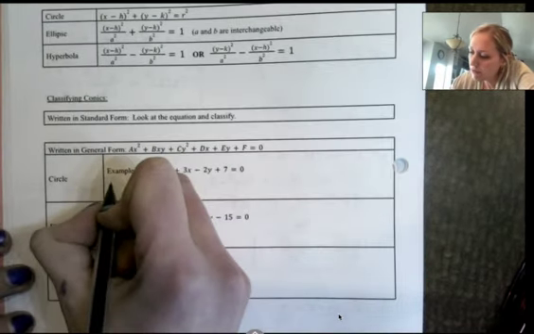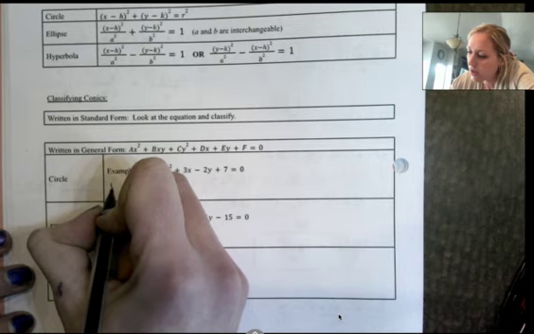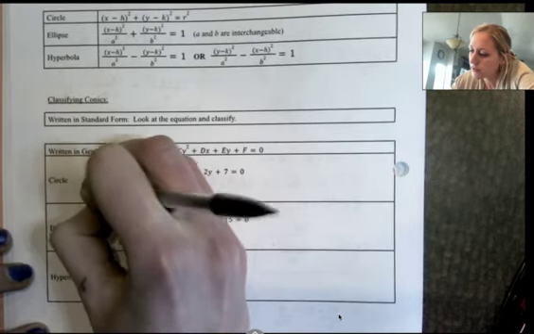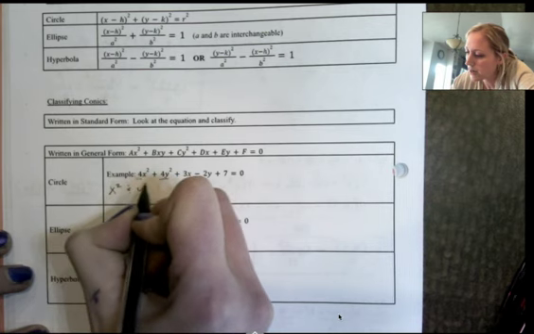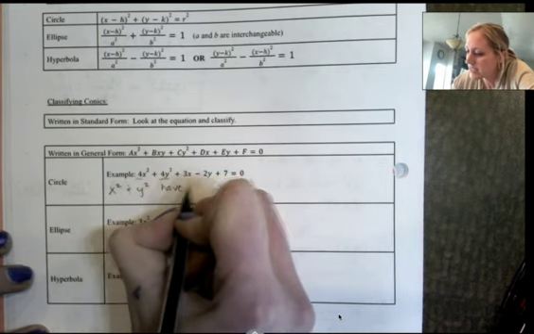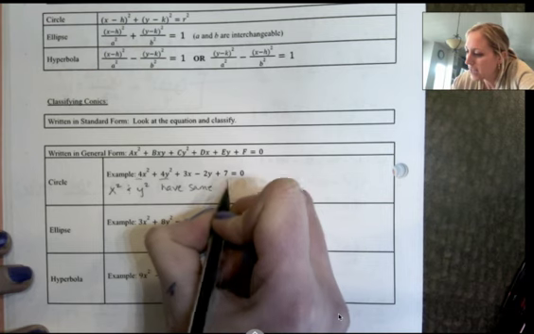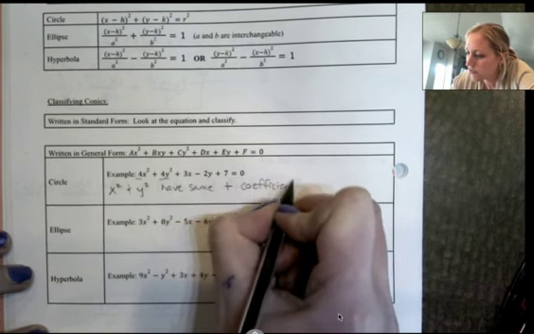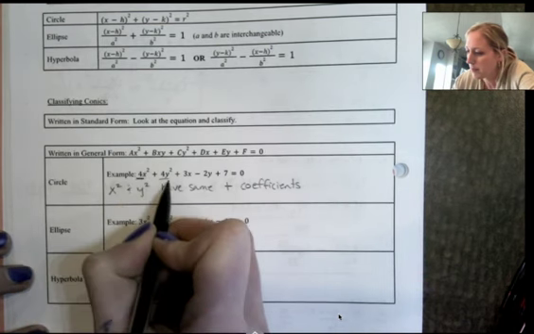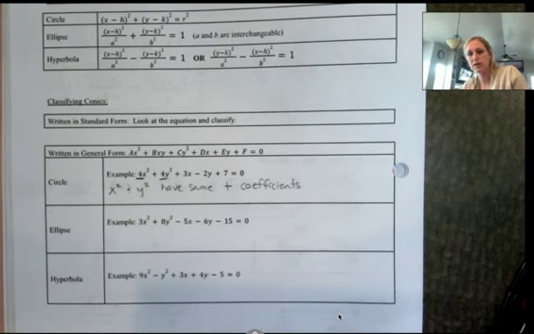So if x squared and y squared have the same positive coefficients, this is an example of a circle because they're both positive 4. So they're exactly the same and they're positive.